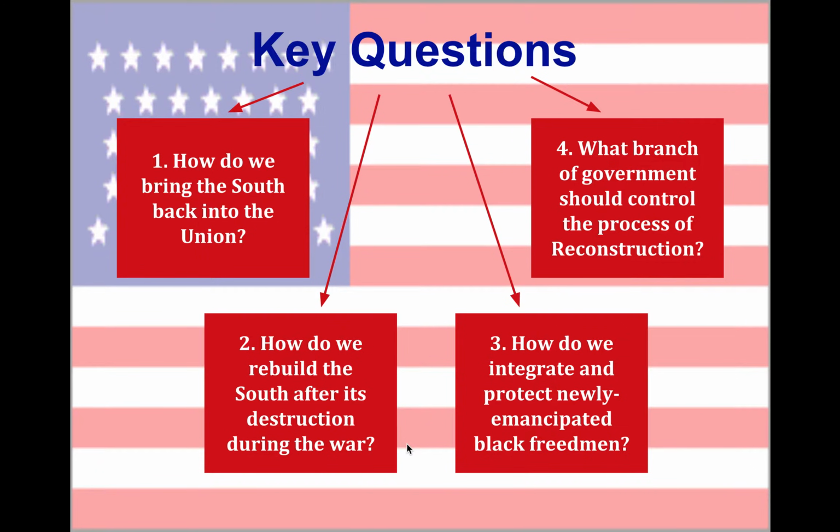Additionally, we're going to look at an increasing level of westward expansion, particularly with regard to railroad construction. So it's not just a question about rebuilding the South, but also continuing to build the Union as it industrializes.